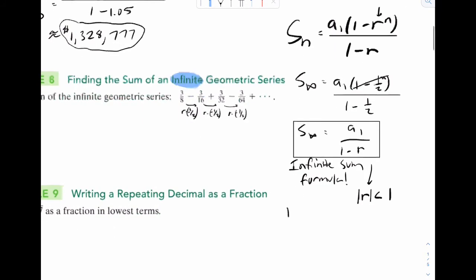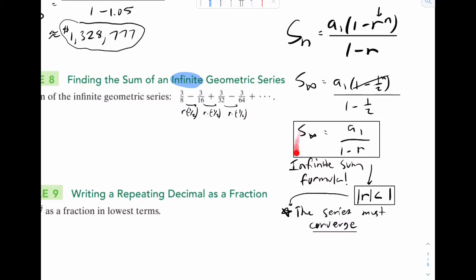So another way to think of it is the series must converge. So the two pieces you really want to highlight are going to be right here. And if that's true, that means the series will then converge.